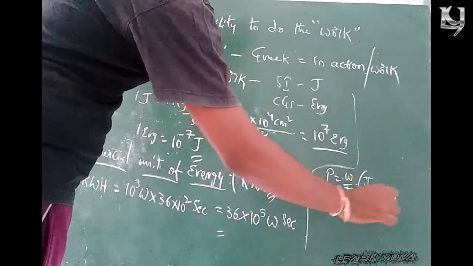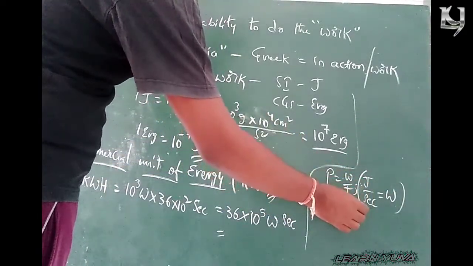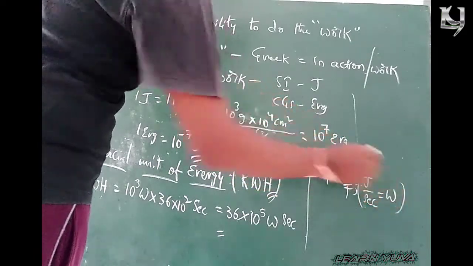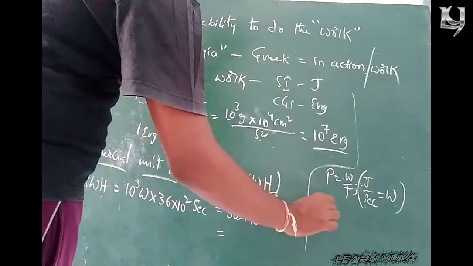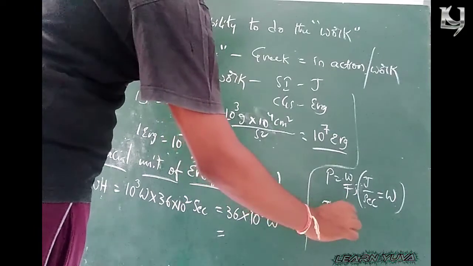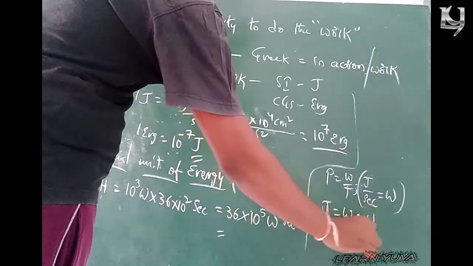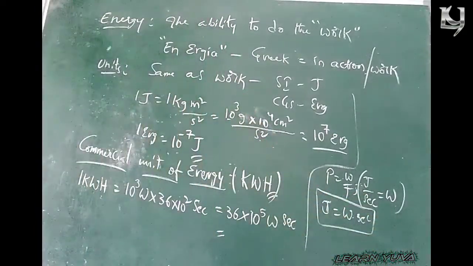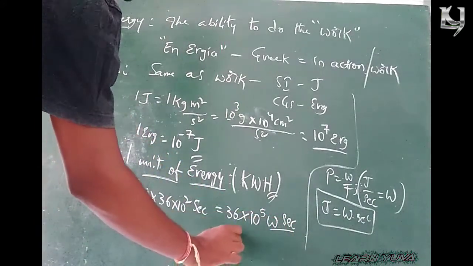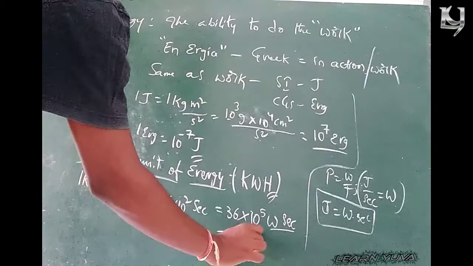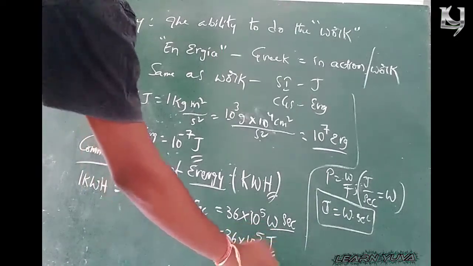Here second is in the denominator. If you send it towards the right hand side, joule is equal to watt second. So instead of watt second, I am writing joule. So 36 into 10 power 5 joule.